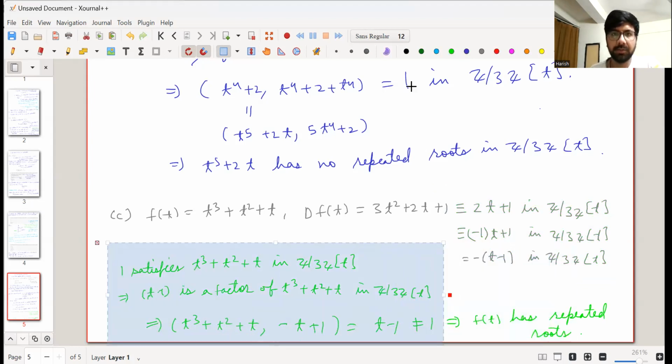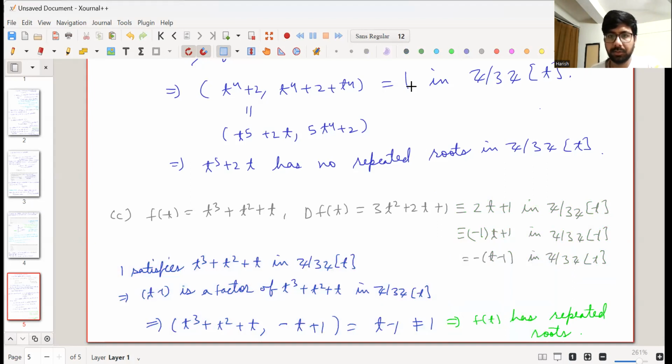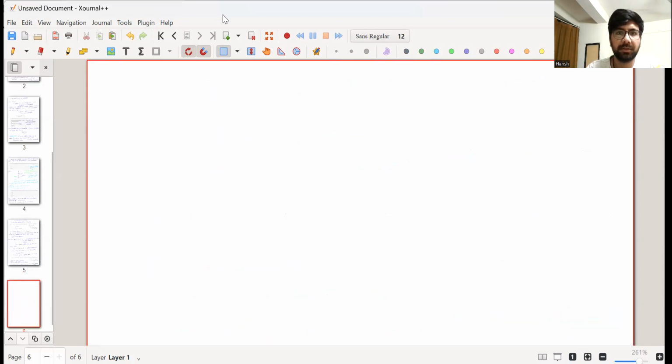What about the next part? So let me move to the D part. So D part is f(t) is t^6 minus 1. So what is d of f(t) here?